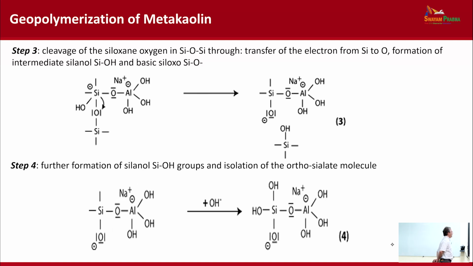You have the cleavage of the siloxane oxygen through this electron transfer mechanism from silicon to oxygen, and then you form hydroxide species. And then you keep creating hydroxide species, both based on silicon and based on aluminum.